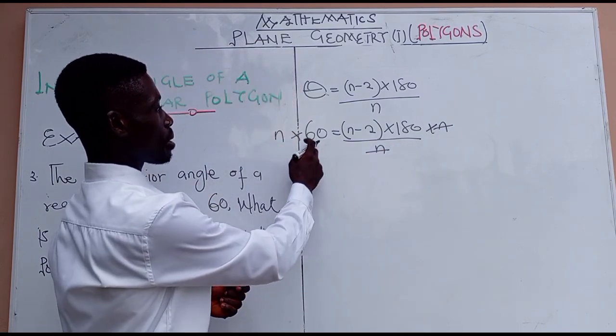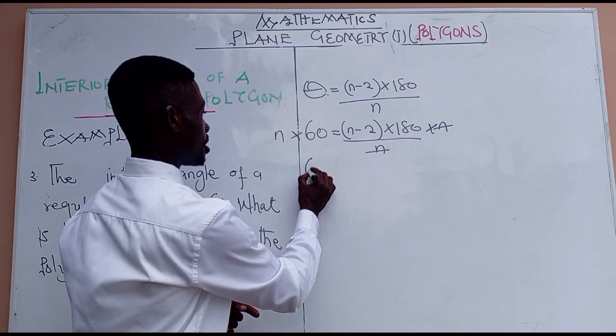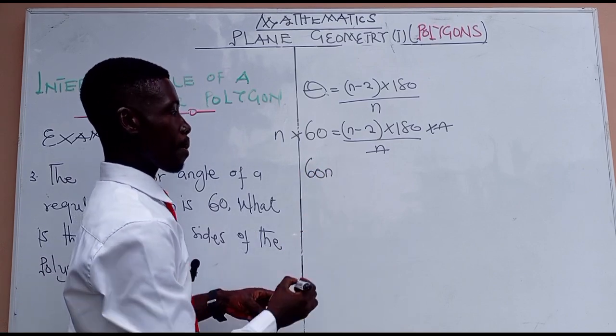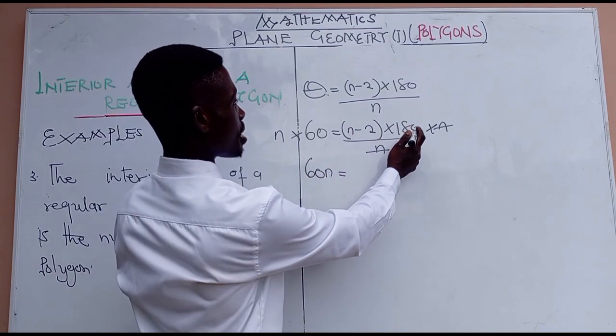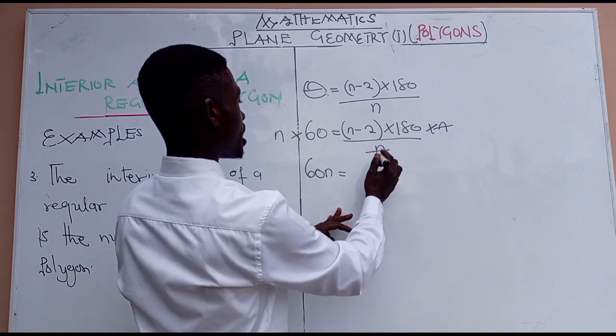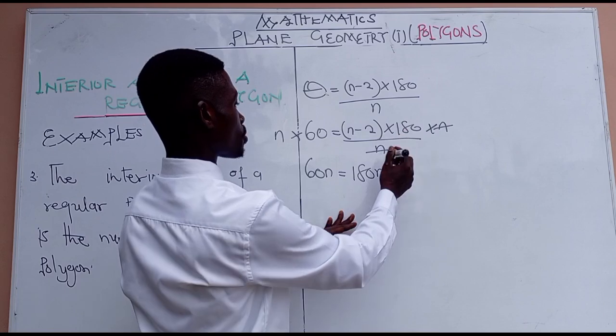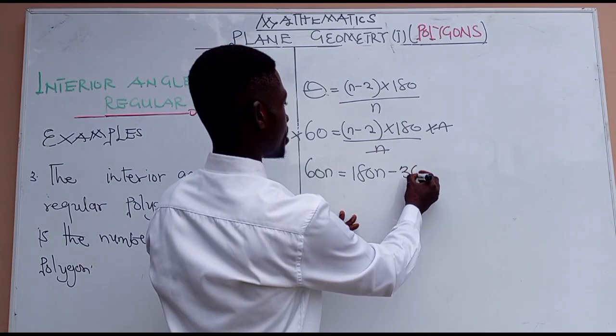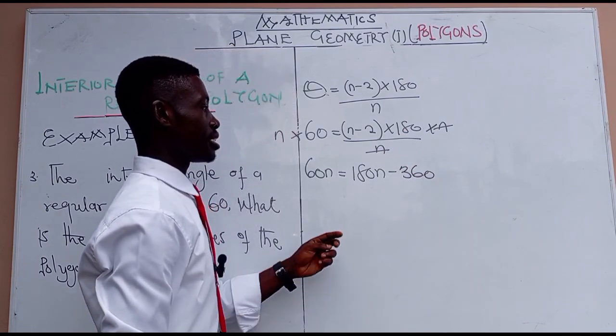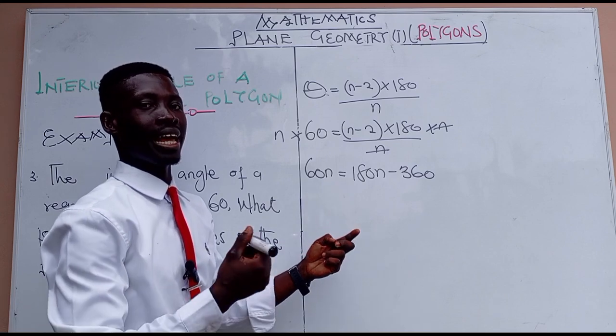Now we have n times 60, which gives us 60n. Now we expand the bracket. n times 180, we have 180n. Minus 2 times 180, we have minus 360. Now we group like terms.